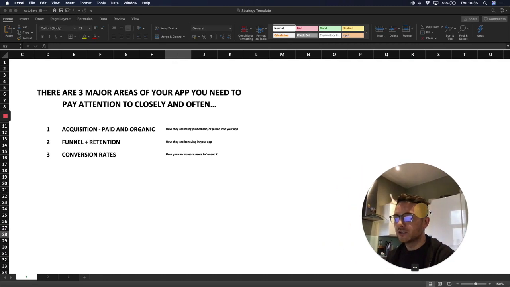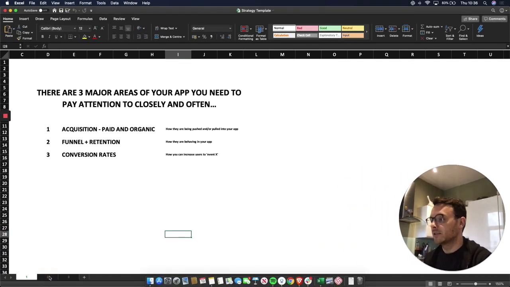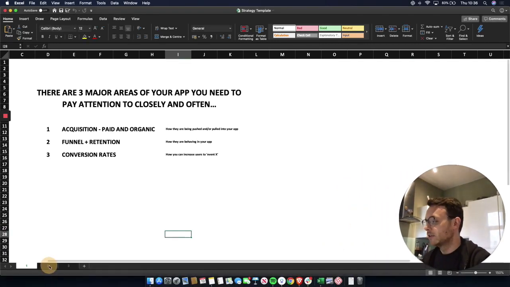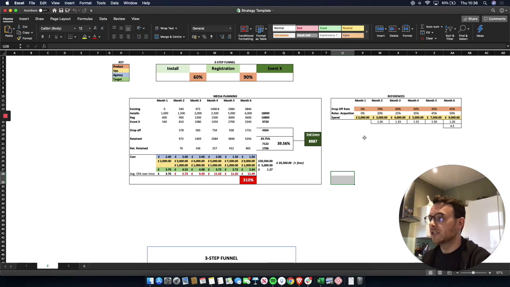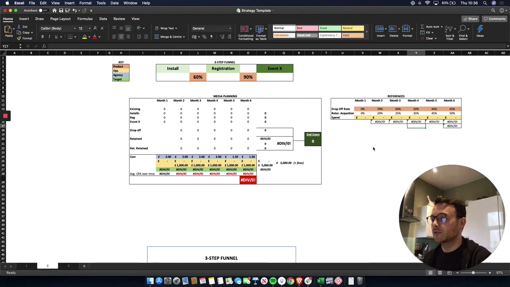Now, just to dive straight into the actual analysis, let's have a look at what we can do. Okay, so I'm just going to quickly take all that out so that we can start from scratch. We've essentially got three different areas within this framework currently.